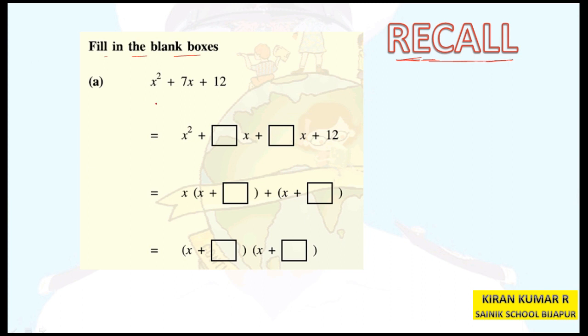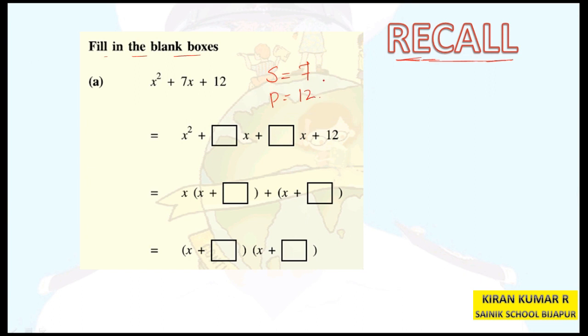it's a quadratic polynomial x square plus 7x plus 12. In the next step, there are two blanks to be filled, x square plus dash x plus dash x plus 12. You have learned the sum and the product. In this sum is 7 and the product is 12.